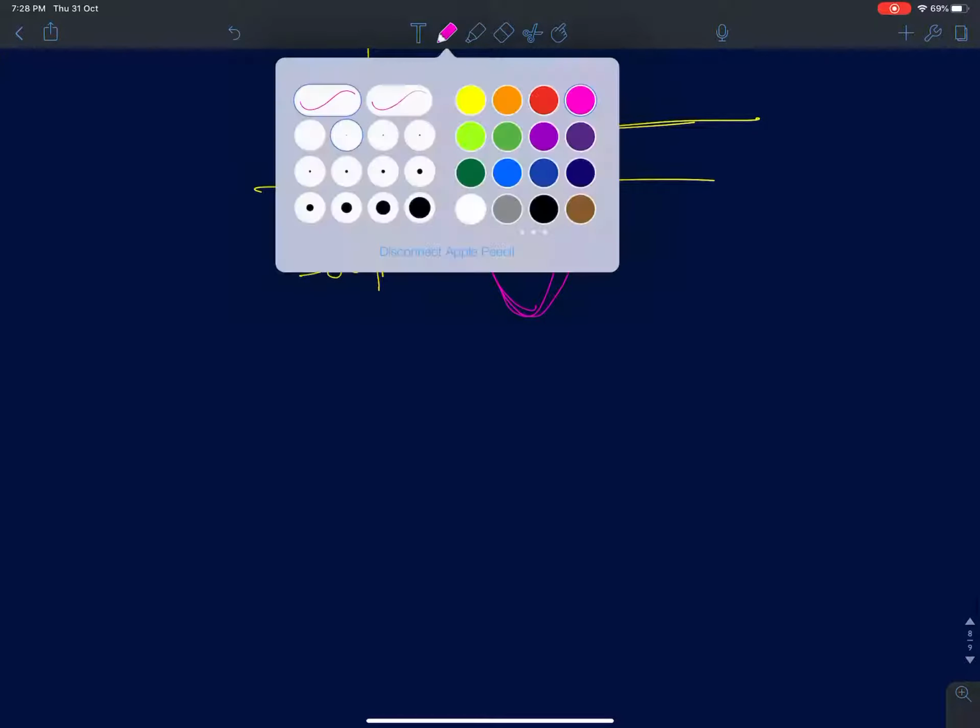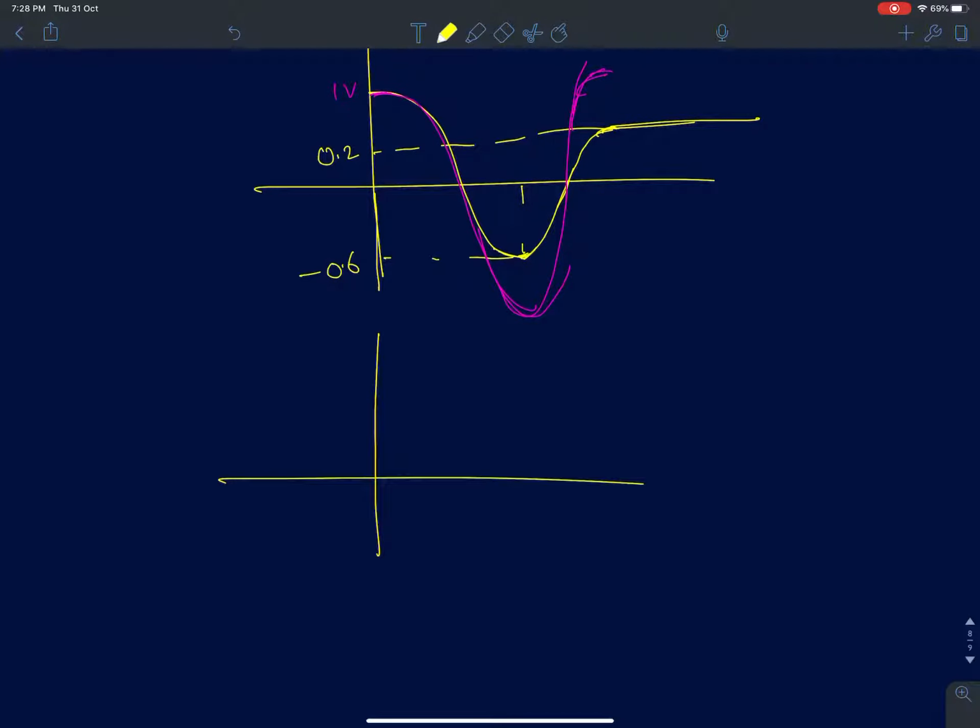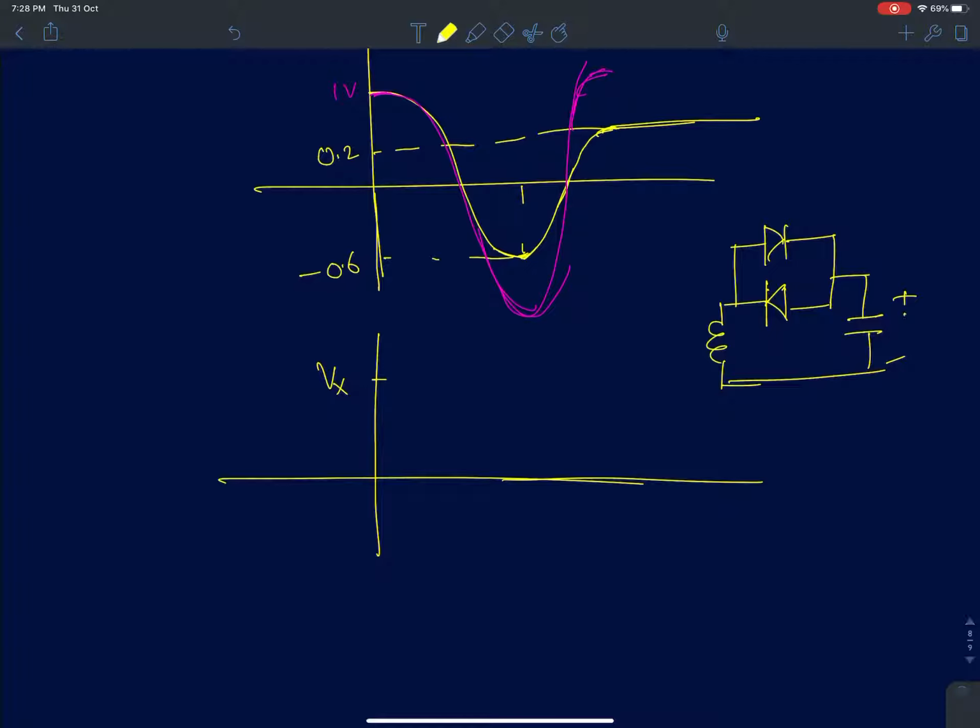To generalize this, we can very easily show that if I assume a finite V gamma, with both diodes having the same V gamma, and you start from an initial voltage of Vx across the capacitor, in the case where we have two diodes connected in parallel, then the voltage across the capacitor will go from Vx to minus of Vx minus 2 V gamma in one cycle, and in the other cycle it's going to lose 2 V gamma further.